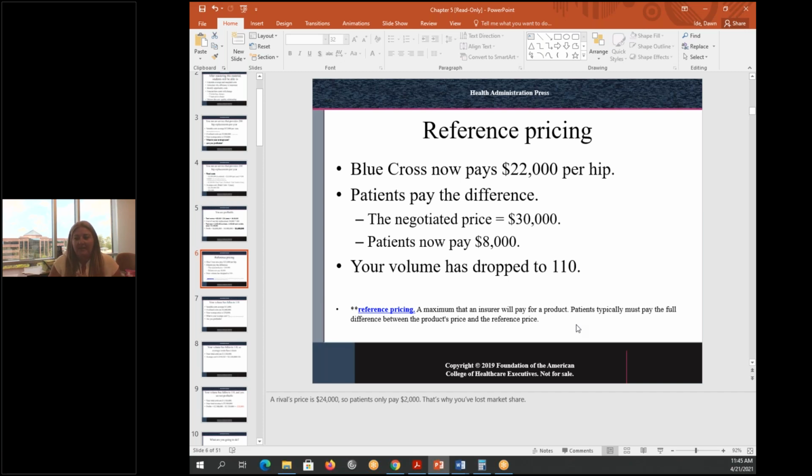You could kind of think of this as balanced billing. Now, I don't know if you guys remember balanced billing, but I will help you out here. When you have managed care plans, like a PPO or an HMO, you might have a discounted fee for service. What does that mean?